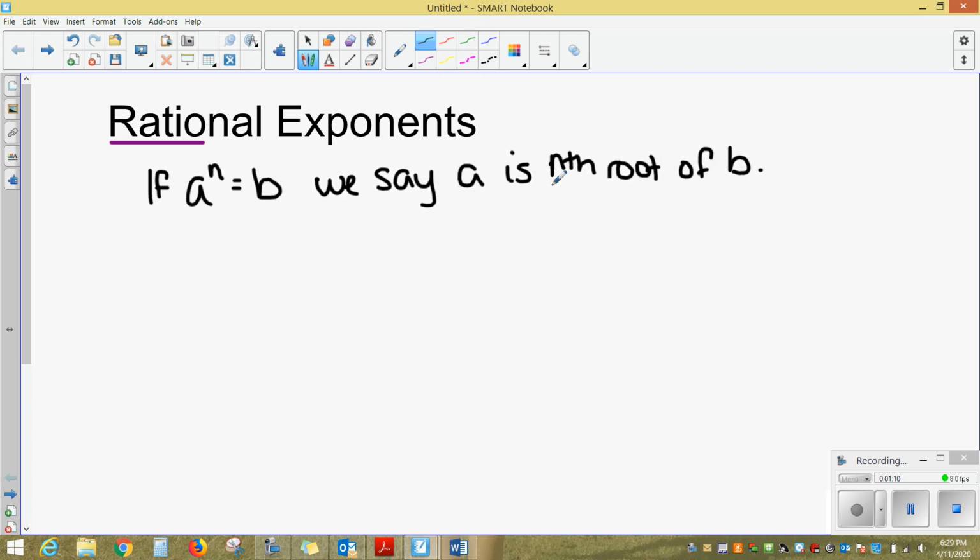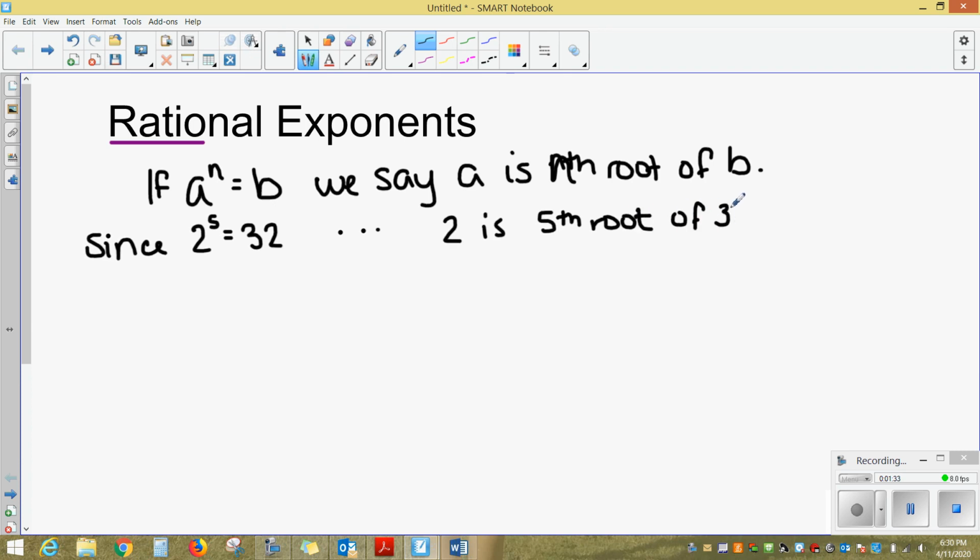And I switched it from what letters I usually use, so hopefully I don't say the rest of it backwards. A is the nth root of b. So, since 2 to the 5th power equals 32, we say that 2 is the 5th root of 32. Okay, so the 5th root of 32.